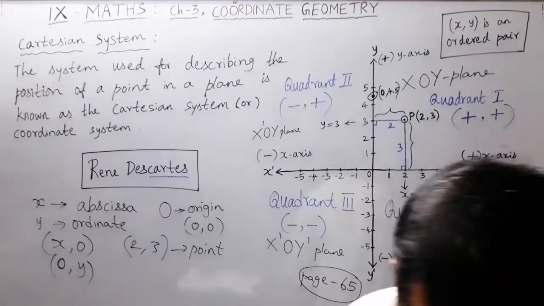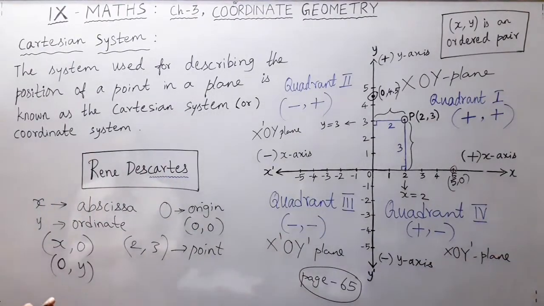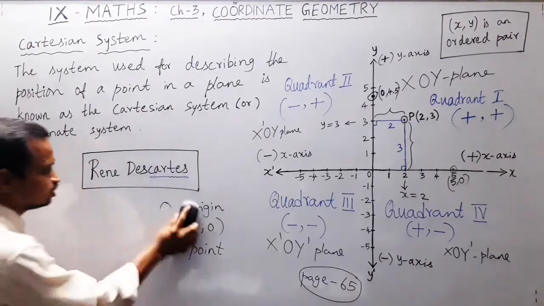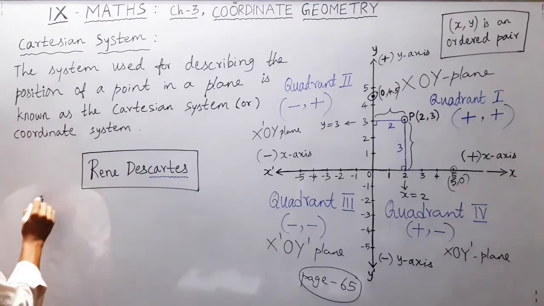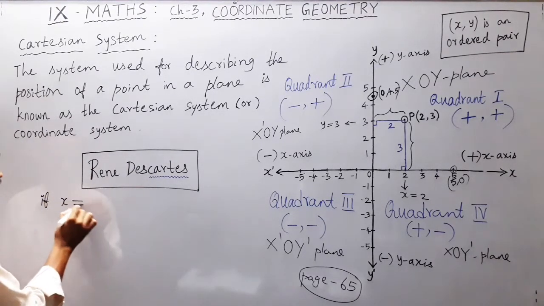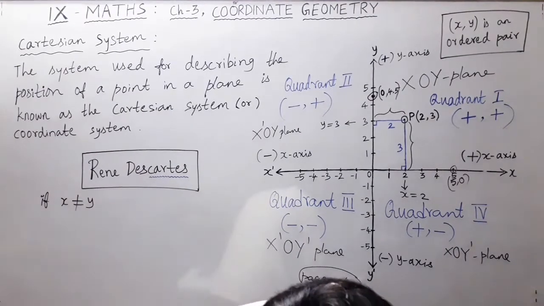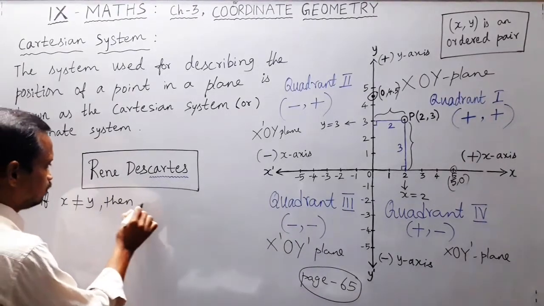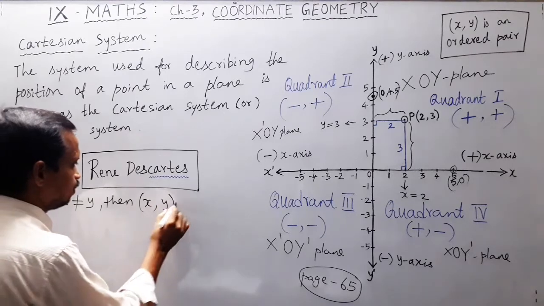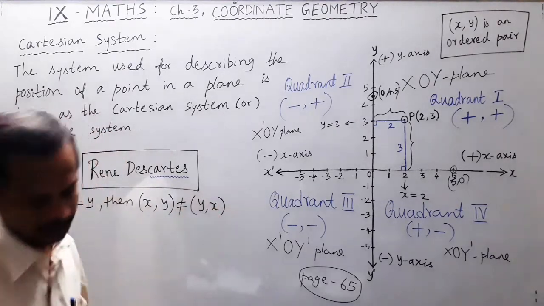If x is not equal to y, then I have explained that. If x is not equal to y, then x comma y is not equal to y comma x.